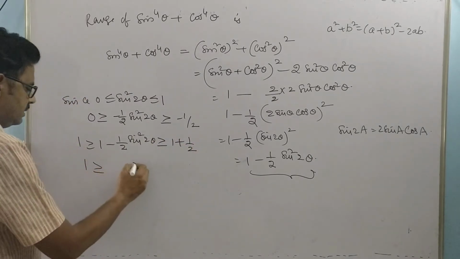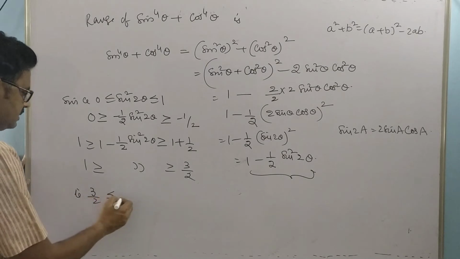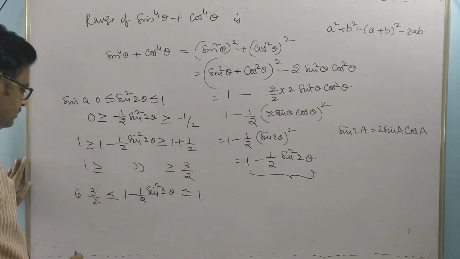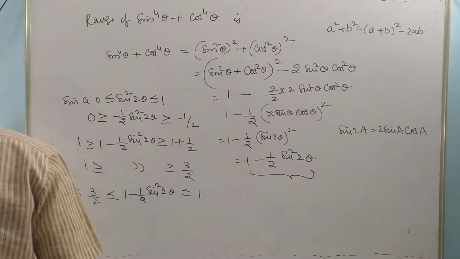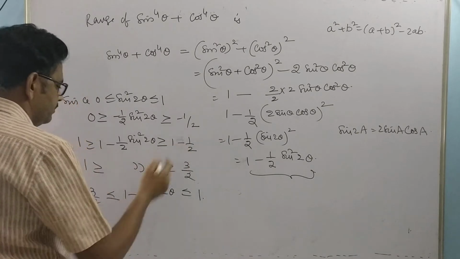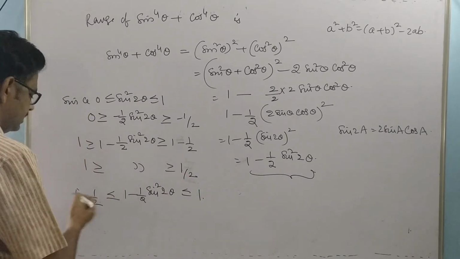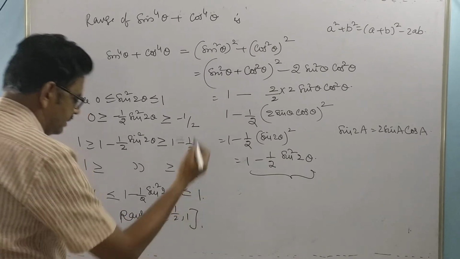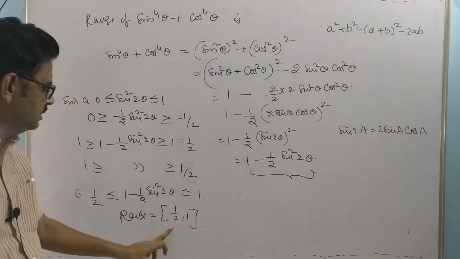So the range is 1 by 2 comma 1. So the range of sine power 4 theta plus cos power 4 theta is 1 by 2 comma 1.